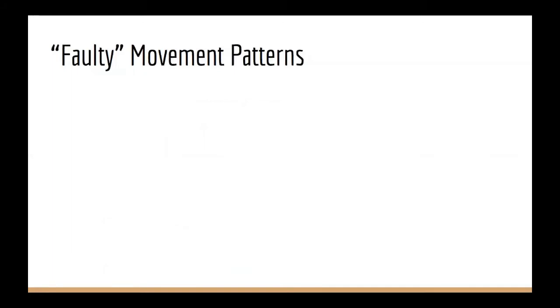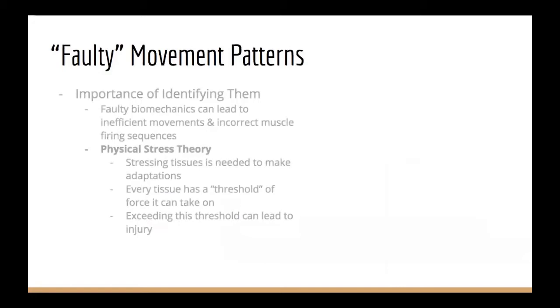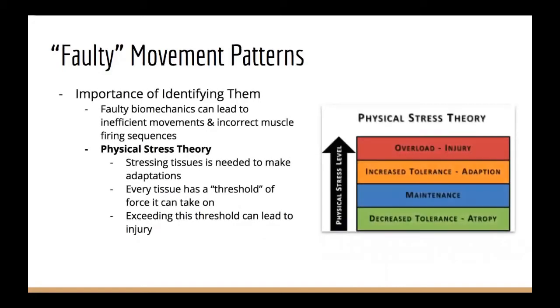So, another thing we wanted to talk about was faulty movement patterns. And of course, we all know that it's important to identify them, but we just wanted to list some reasons why we believe it's important to identify these faulty movement patterns. If there is a movement pattern that is faulty, it would be thought to be inefficient, and the patient is not doing it in the most efficient or ideal manner.